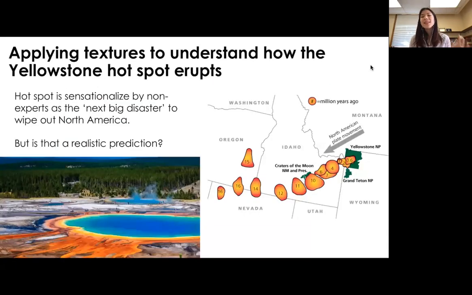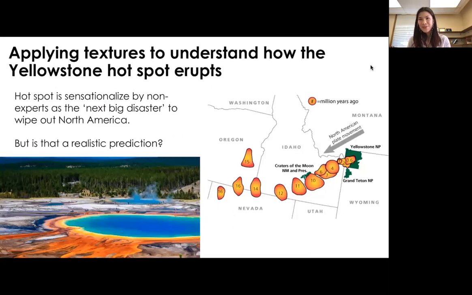Okay, so now let's see if we can apply this to understand how the Yellowstone hotspot erupts. So the Yellowstone hotspot, if you read the wrong news sources, is often sensationalized as the next big disaster. There's one particular, I don't want to call it a newspaper, but a magazine that every month or two just decides that Yellowstone is going to erupt and starts publishing articles about how the world is going to end soon.